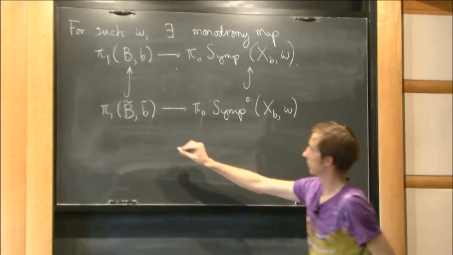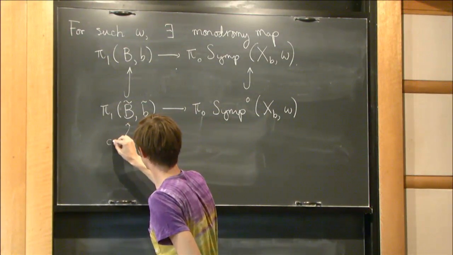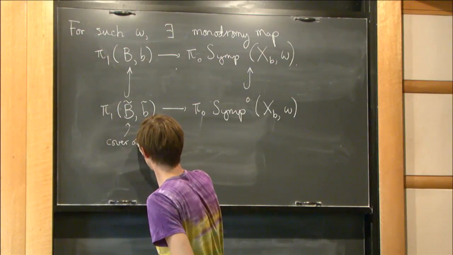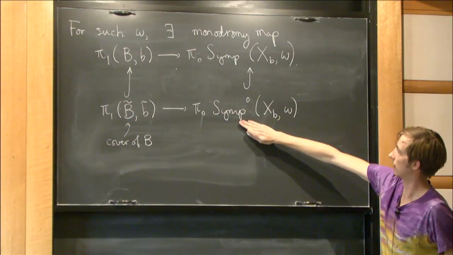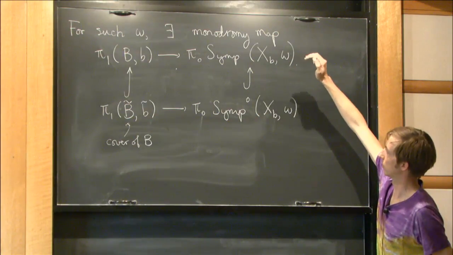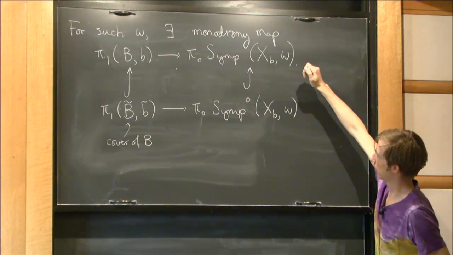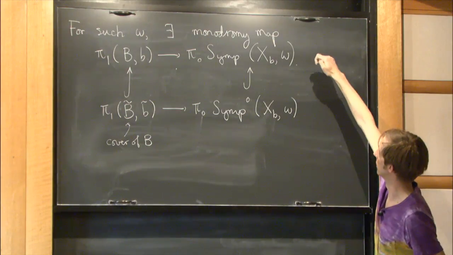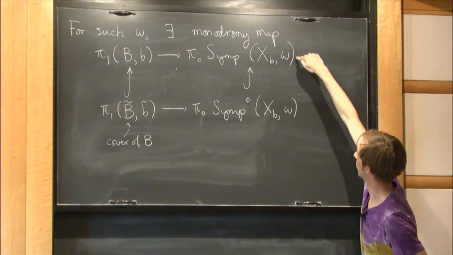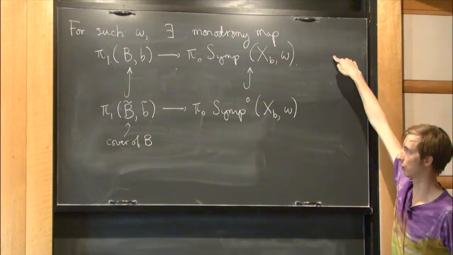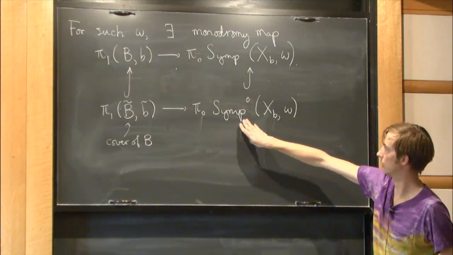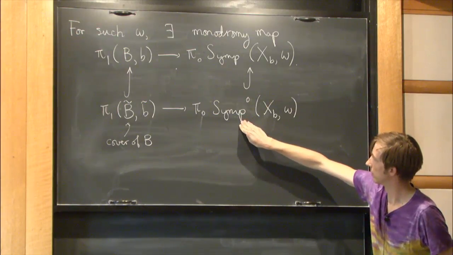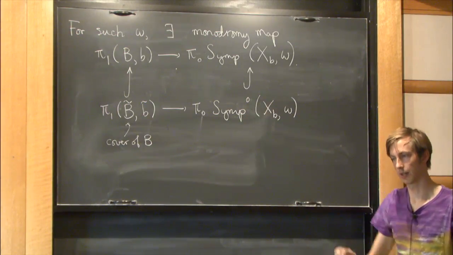So we can take some cover of B whose covering group is the kernel of this map to automorphisms of cohomology. So then pi1 of this cover is going to map to symplectic mapping classes which act trivially on cohomology.